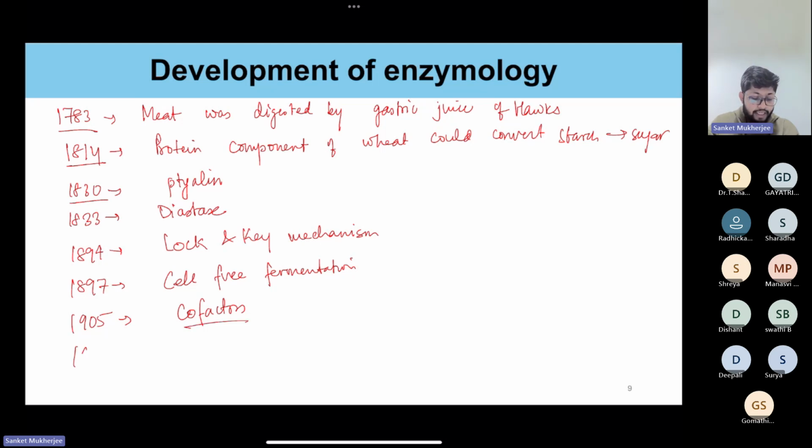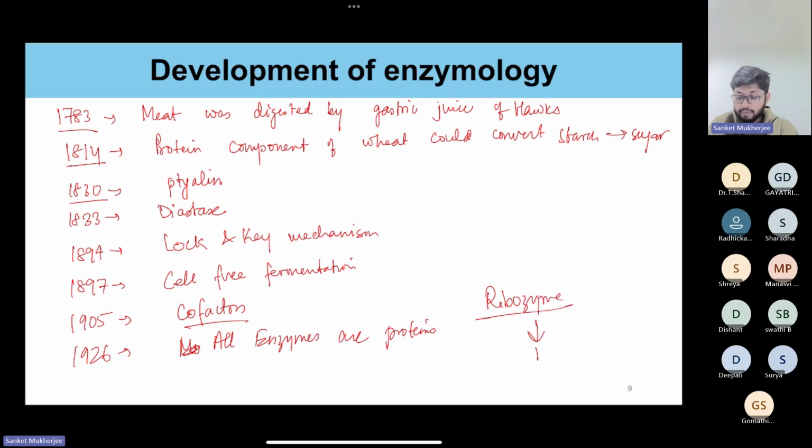In 1926, it was known that most enzymes are proteins. Or I would say at that time, it was thought that all enzymes are proteins. But there are exceptions to it, for example ribozyme, which is an enzyme made up of RNA. But anyway, almost 99% of enzymes are made from proteins.